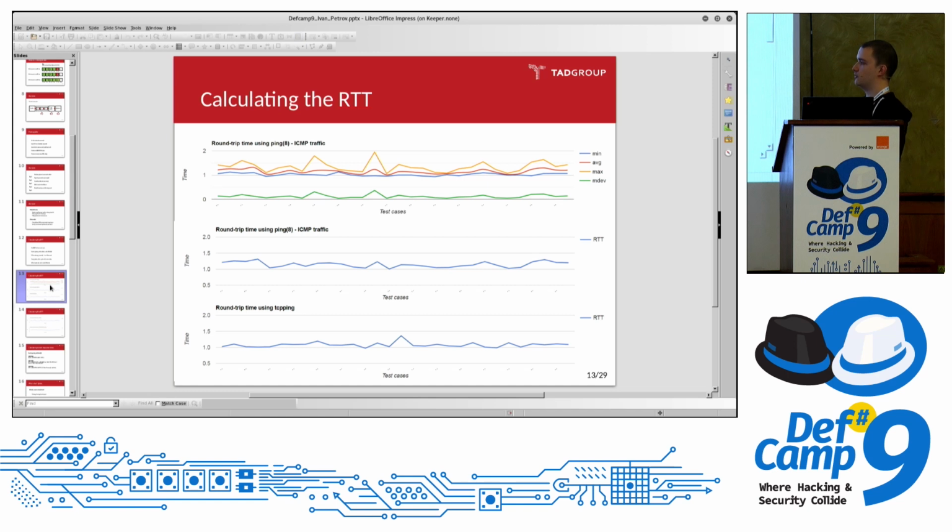Using TCP ping, which is another utility that instead of using ICMP requests uses TCP ones, was also not a great idea, because as you can see, it's pretty different from a smooth graph that would otherwise represent reliable data. So we couldn't use any of those. We had to resort to something else, and packet capturing was that. We captured packets using Wireshark, let's say, or tcpdump, and we calculated time depending on the differences.